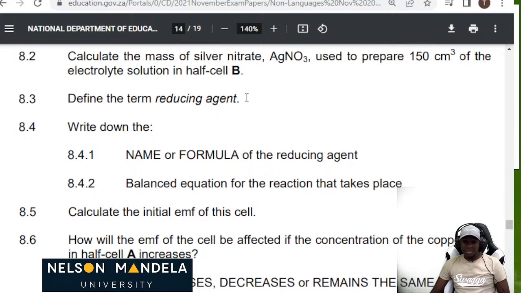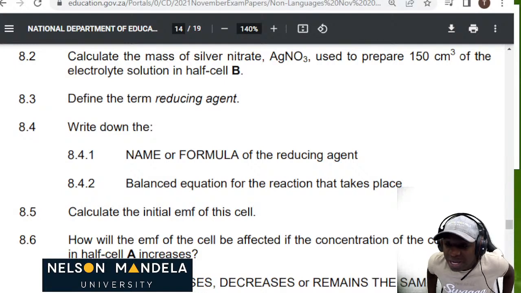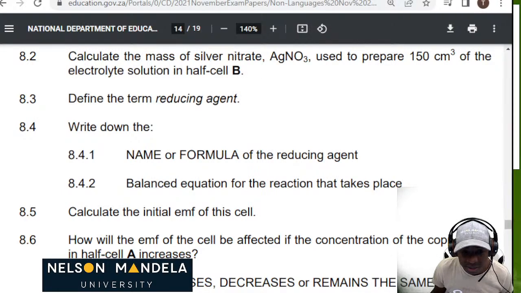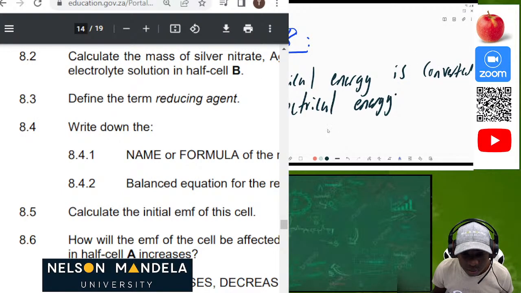Now we must calculate the mass of silver nitrate. What do we know about silver nitrate? We know that in our question paper, at the end, we have the formulas for electrochemistry, and also generally on how to calculate this stuff. Great, so now let's calculate together.